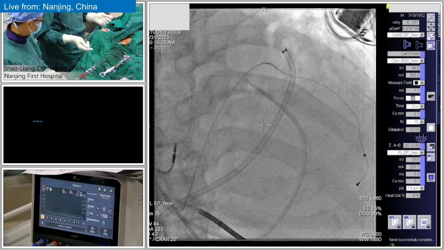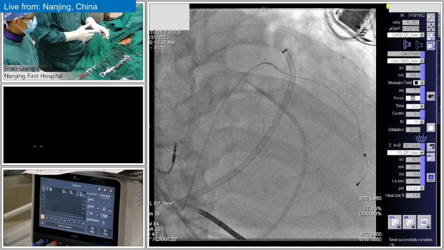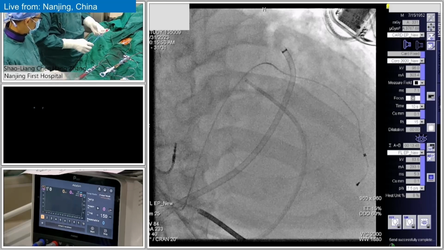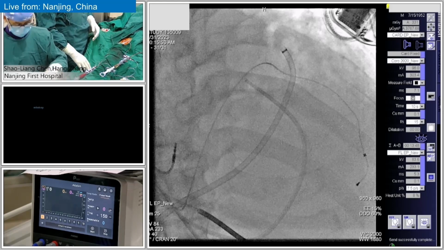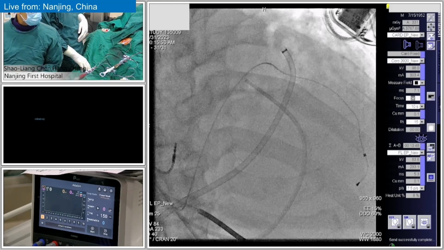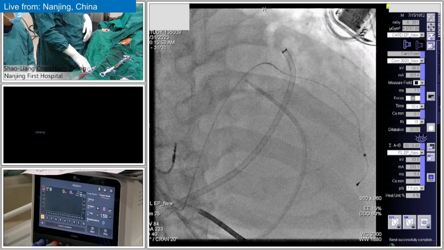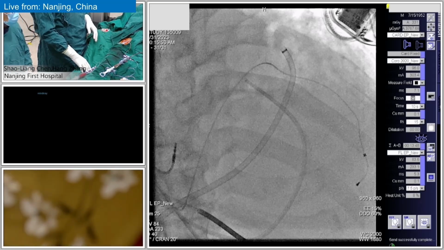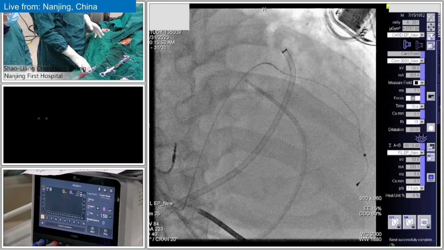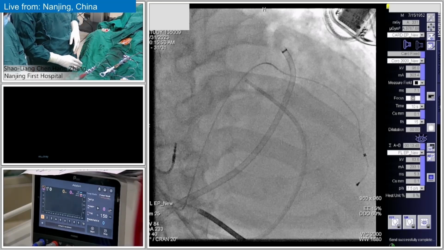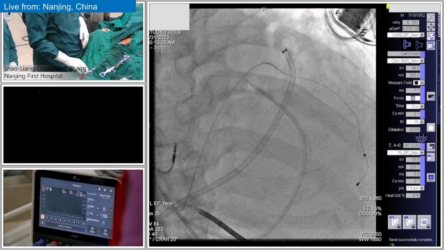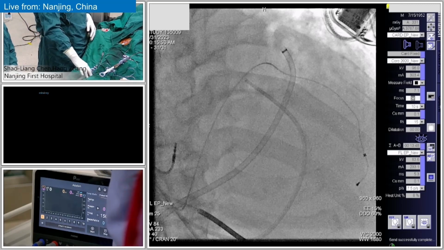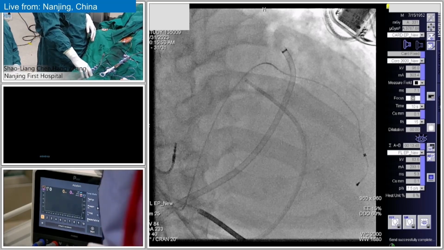So now we have finished the measurement of the hemodynamics. Mean pulmonary arterial pressure is 47. PCWP is 23. So the difference between mean pulmonary arterial pressure and the PCWP is 24. Cardiac output, how much? 4.3. So the PVR should be greater than 5.